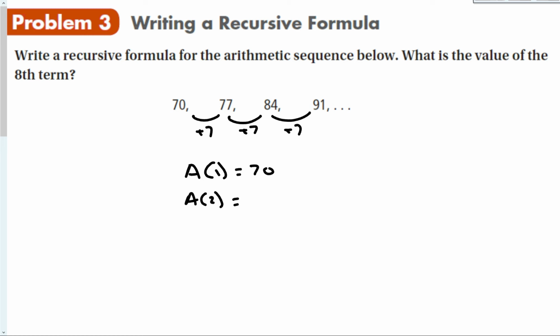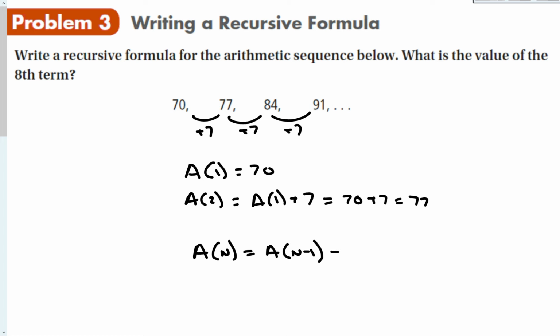The second term, a of 2, would be a of 1 plus 7, which would be 70 plus 7, which is 77. And I can see that I don't have to do them all. My recursive formula would be a of n is equal to a of n minus 1 plus 7.